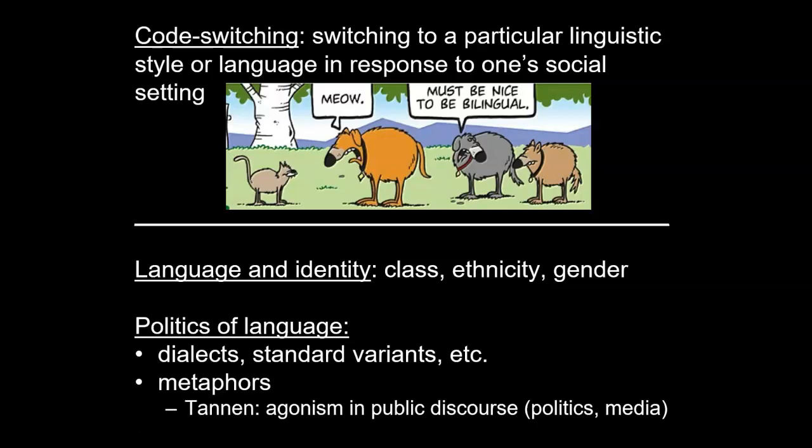So the first is the notion of code switching. Code switching is the idea that people switch from one language or one style of language to another in response to cues from the social setting that they are in. And indeed, this is the subject of a discussion that you are going to participate in on our discussion board. I'm asking you to think about code switching.